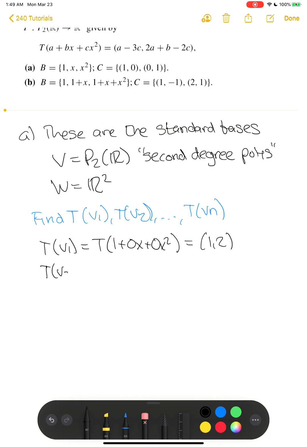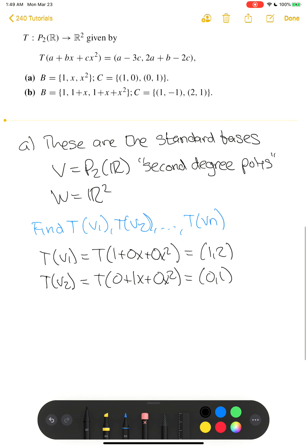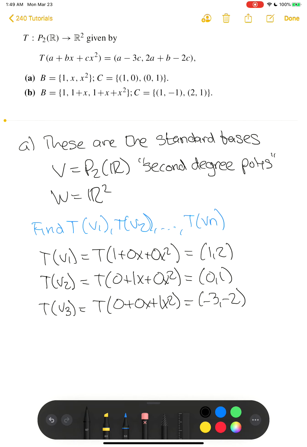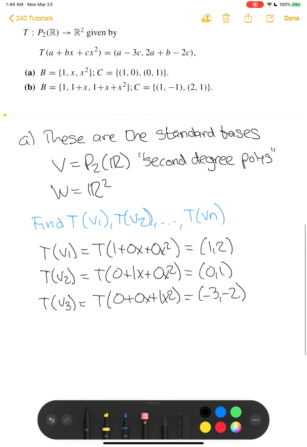T of v2 is T of 0 plus 1x plus 0x squared, which gives me (0, 1). And then T of v3 is equal to T of 0 plus 0x plus 1x squared. It's my third standard basis vector, and that gives me (-3, -2). Okay? So I found T of v1, v2, and v3 pretty easily.